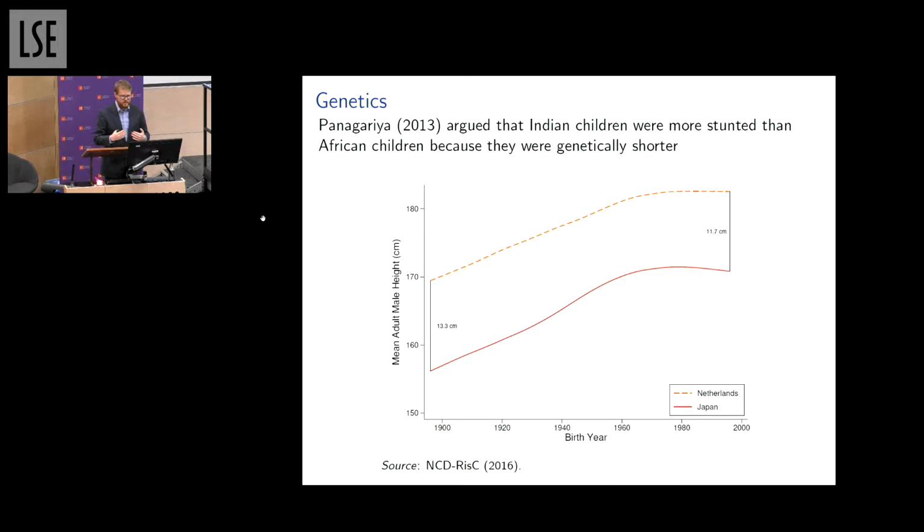And in his article, he has this comparison in his mind. We have here on the top the mean heights of adults in the Netherlands, and on the bottom the mean heights of men in Japan. You can see that both of their heights have increased a lot, but there's this persistent gap between them. And so he argues that this proves that there are genetic differences in height.